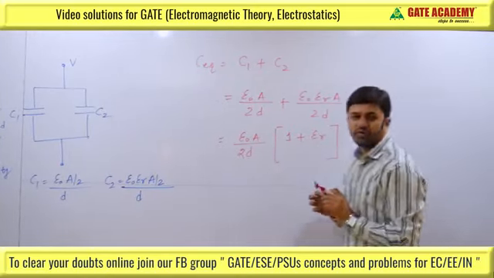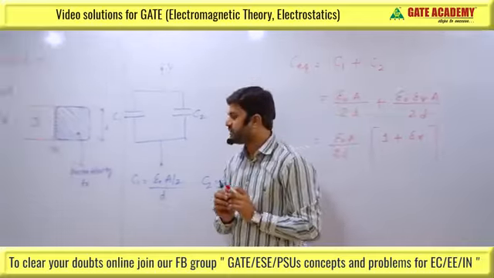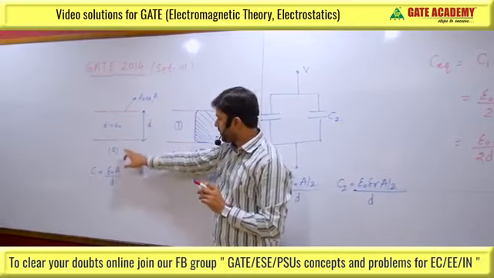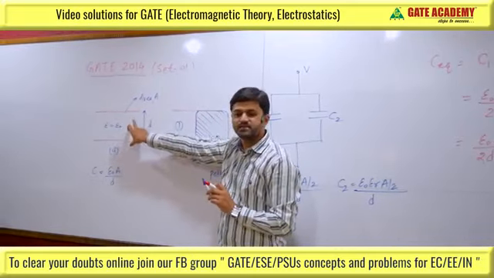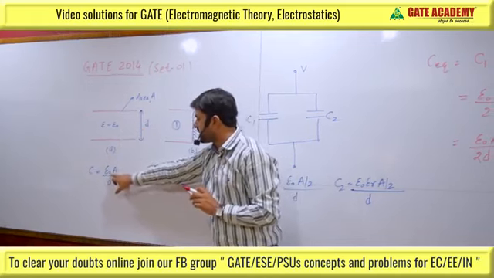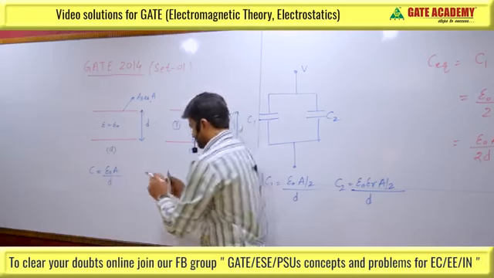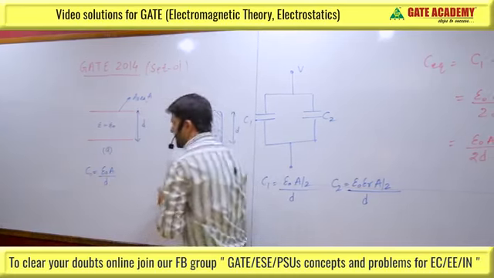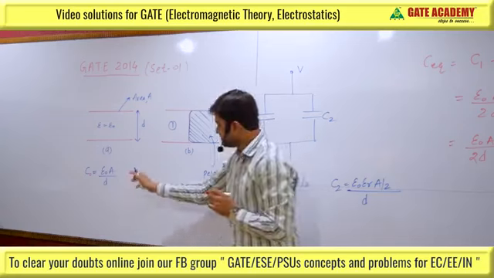And from figure A, when the medium is filled with air, the capacitance is epsilon naught A upon D, which is given as C naught in this question.